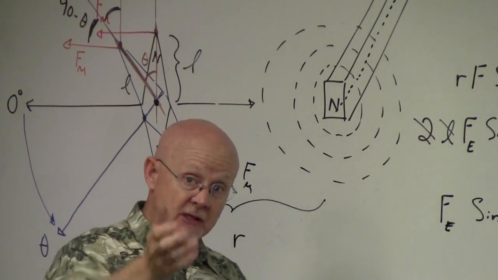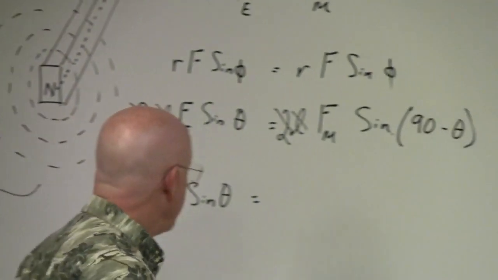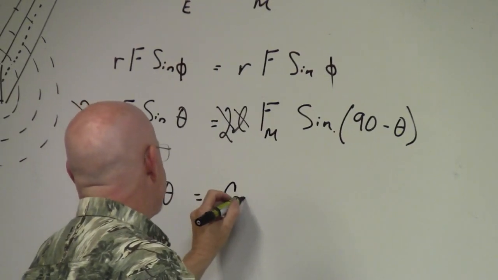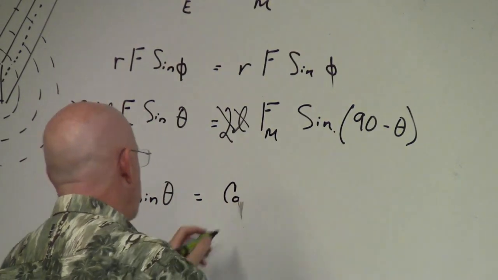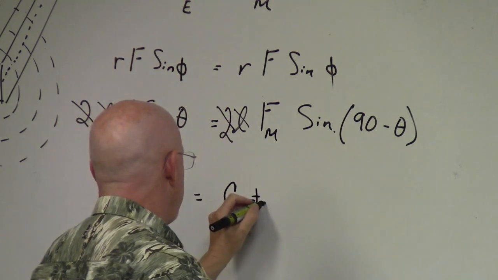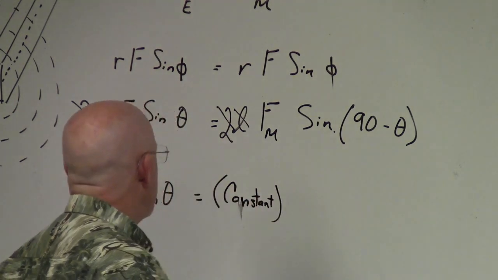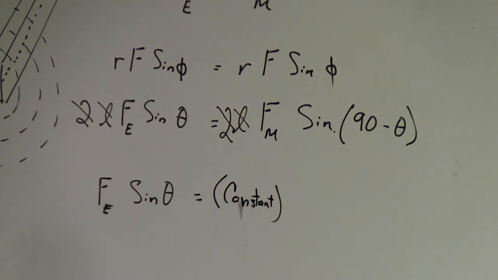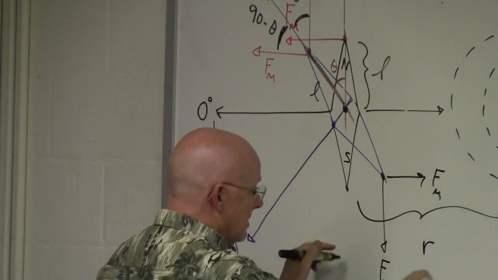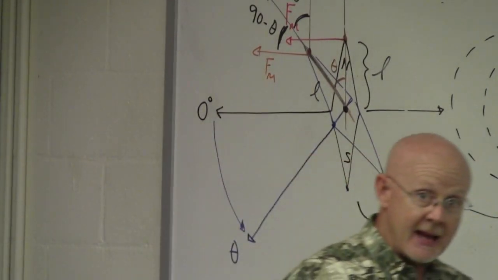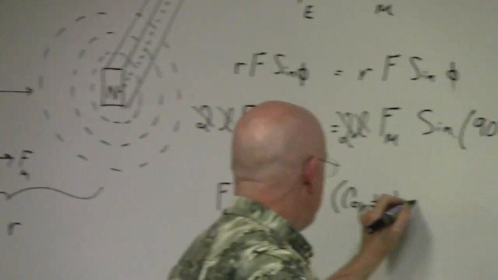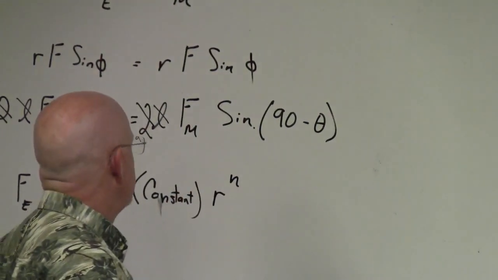That is the point of this lab. So let's write it this way. Let's write it as some constant times the distance away that the magnet is, r, raised to some power.